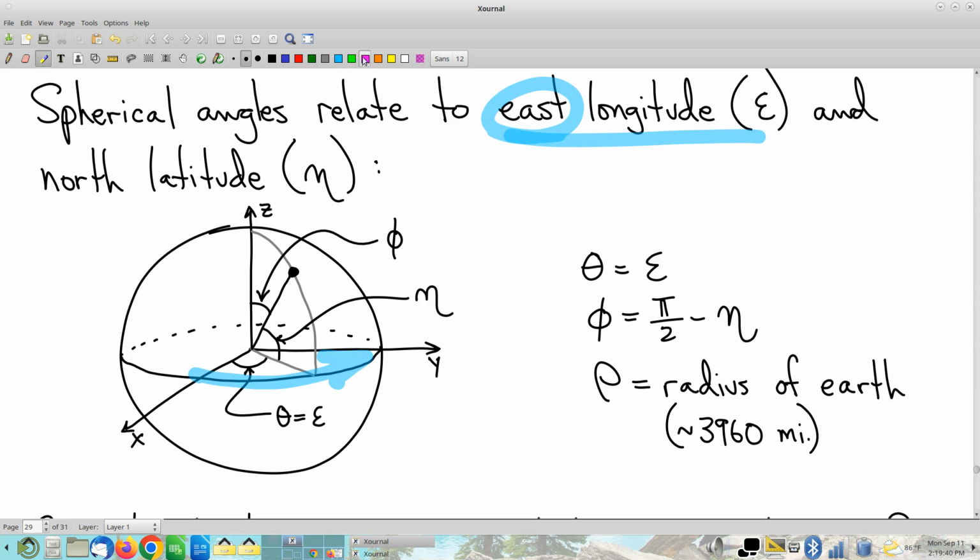Just to put everything in context, I have the surface of the Earth set up here with the North Pole on the positive part of the z-axis, with the center at the origin, and with the prime meridian intersecting here on the positive part of the x-axis. Just a convenient setup. So east longitude is measured like I have here, and then north latitude is measured upward from the equator like that.